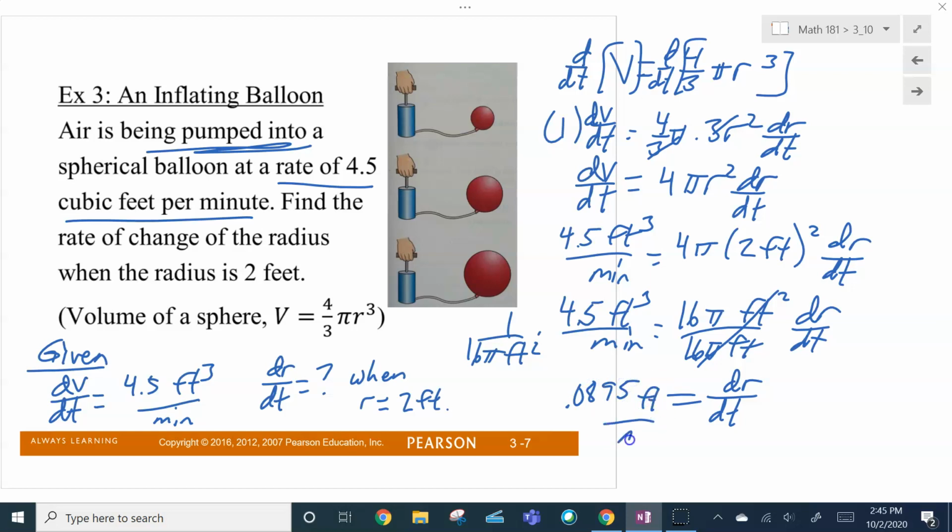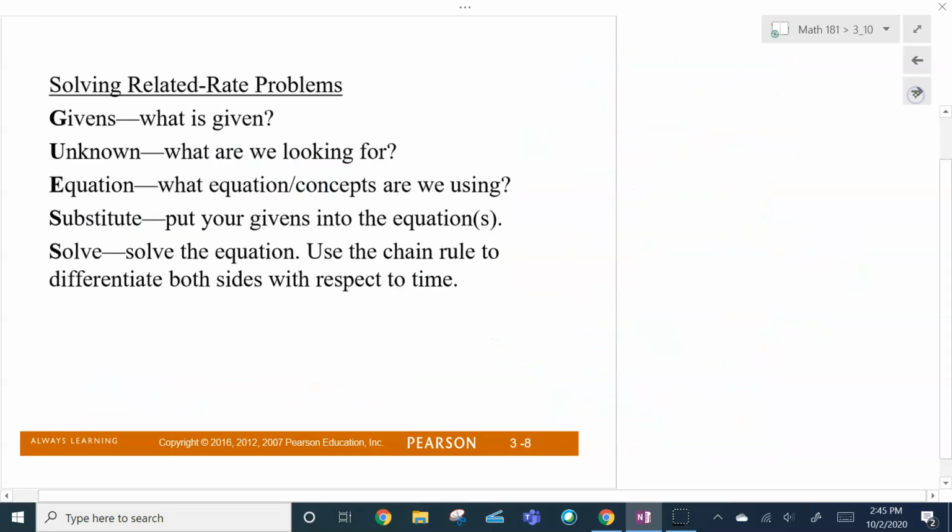This will be in feet per minute, right? Feet, changing your radius here, and dt has units for time in minutes. 0.0895 is the rate at which the radius is changing.